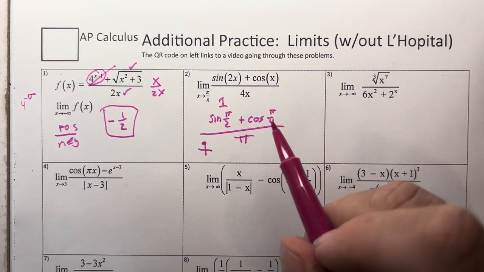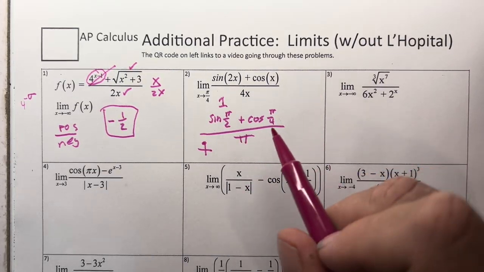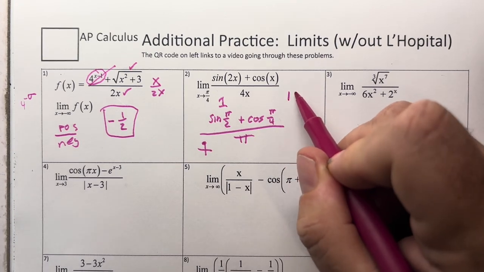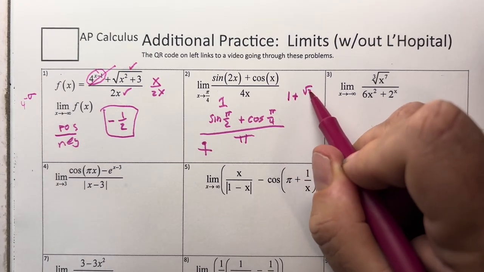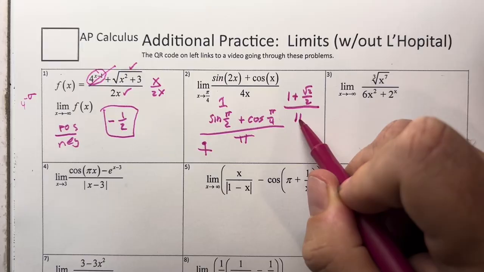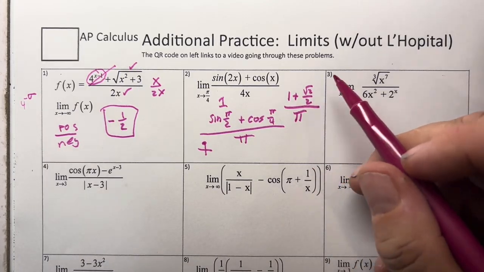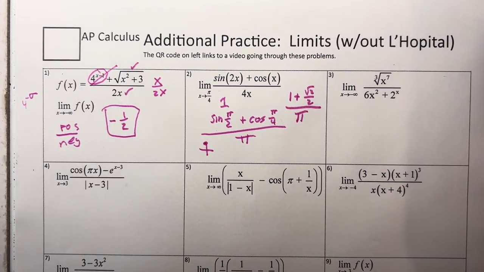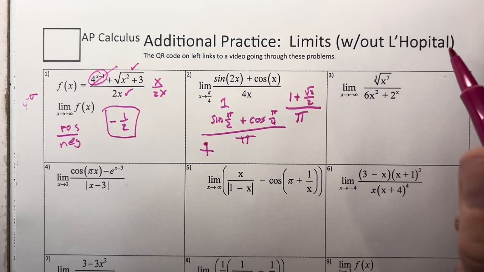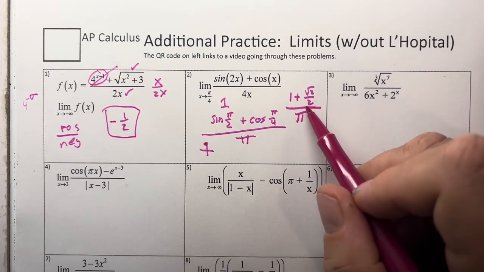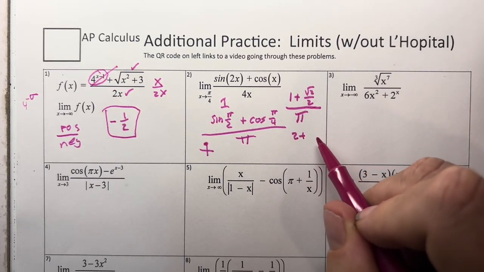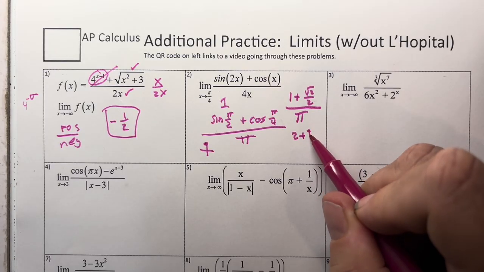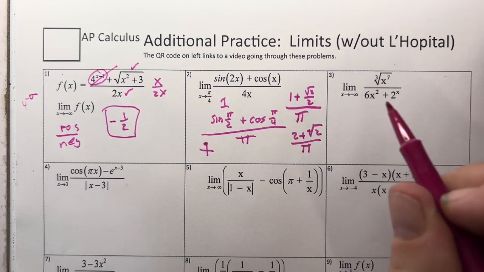And what's cosine of pi over 4? That's just going to be root 2 over 2. So we have 1 plus root 2 over 2 all over pi. You should never have fractions inside of fractions unless the thing's so complicated that it's not smart to try to simplify. So if I multiply everything by 2, I'll have 2 plus root 2 over pi.